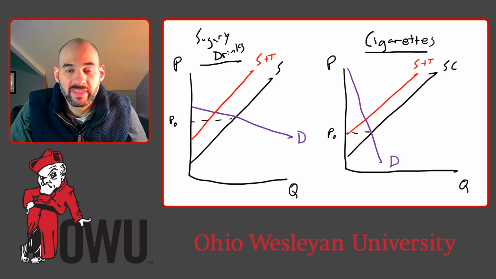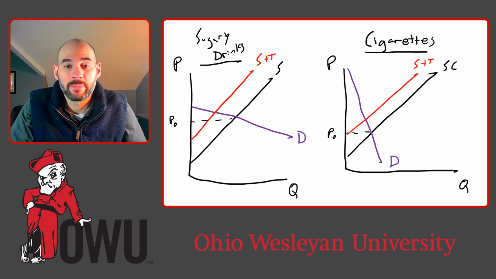So when we think about the price the consumers pay, they pay the price of the good plus the value of the tax, and the producers aren't going to receive that PT because they have to pay the tax.